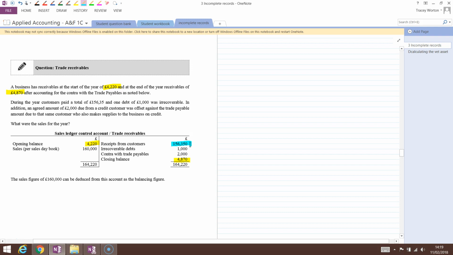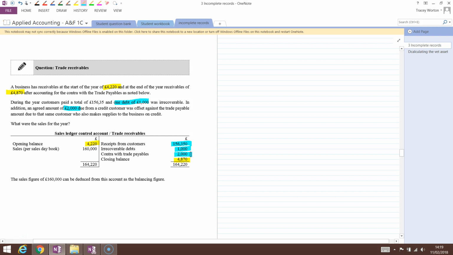That will reduce the amount that's owed from our credit customers, as will the debt which has been considered irrecoverable, because that's no longer collectible. And we've got a customer that's also a supplier, so we have offset with the trade payable account, the purchase ledger control account, the £2,000 that's due.